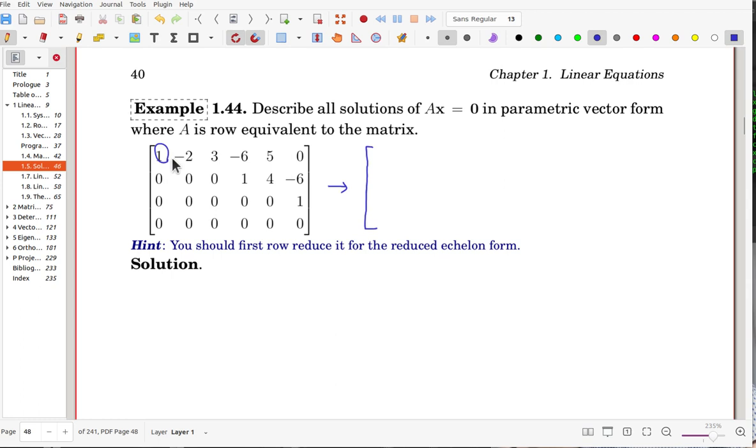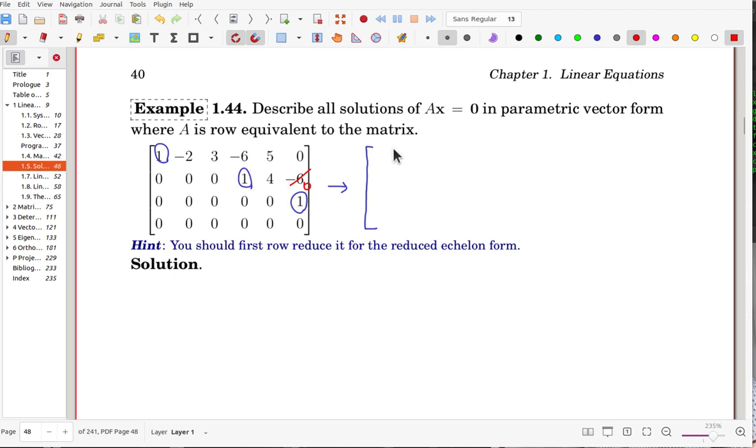Now, this is pivot, pivot, pivot. In backward operation here, 6 times added, and that will become 0. Now we have to eliminate this one again. We can add 6 times over there to make it 0.